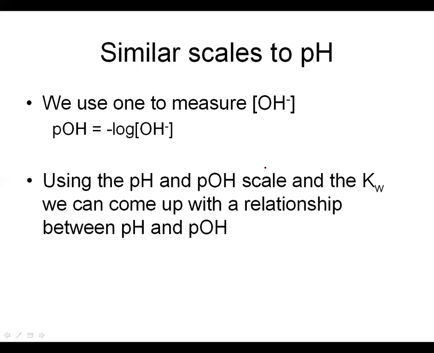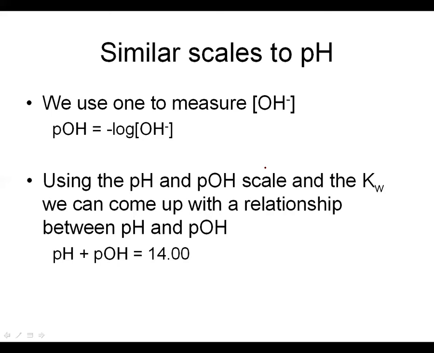So we sort of got to this a little bit earlier, but again, a similar scale to pH is pOH. And again, these names basically tell you what you need to calculate it. pH means you need the H plus concentration. pOH means you need the OH minus concentration. And again, as we talked about, when you're trying to determine acidic, basic, or neutral, always look at the pH scale.